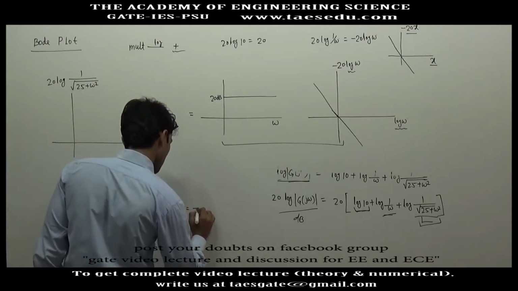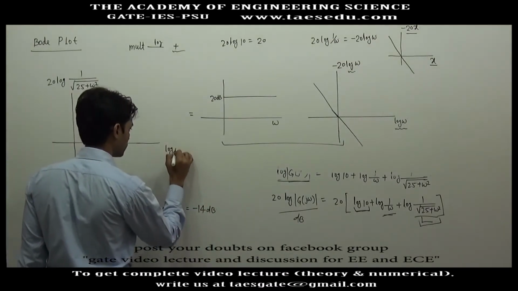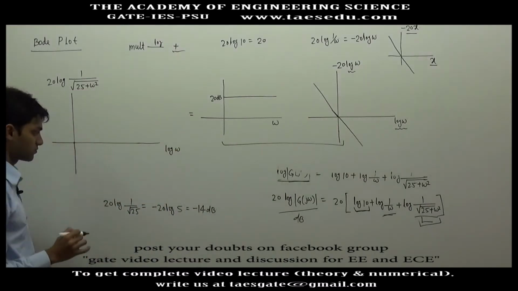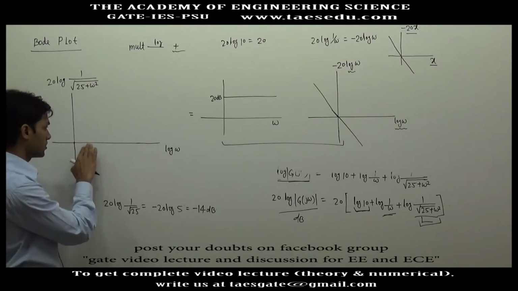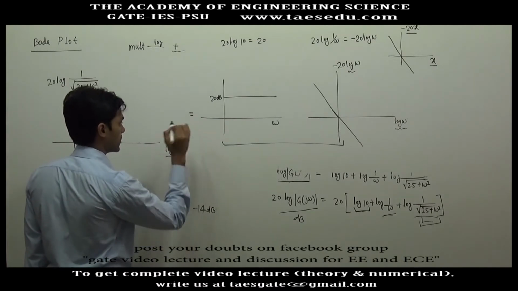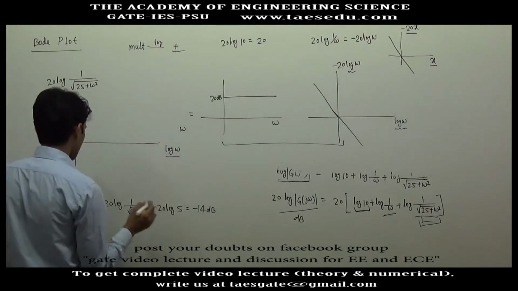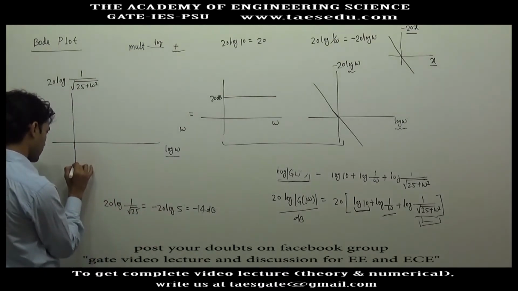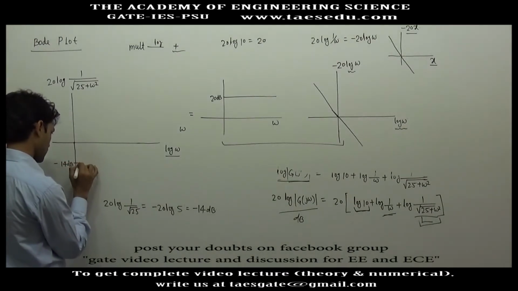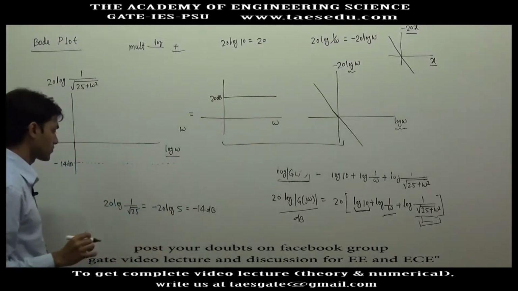This will be approximately minus 14 dB. Here we have log ω, and let's say here ω is very less. I will separately talk about x-axis when we take log ω instead of ω. So when ω is very less, we will have minus 14 dB. This is the boundary when ω is very less.